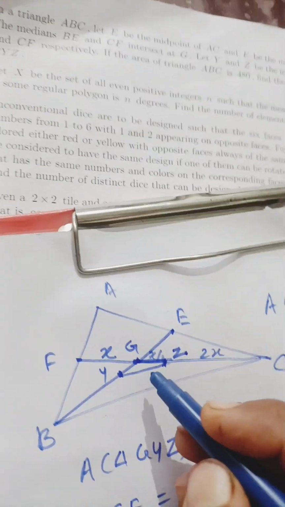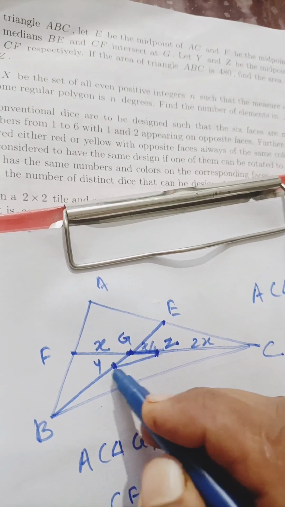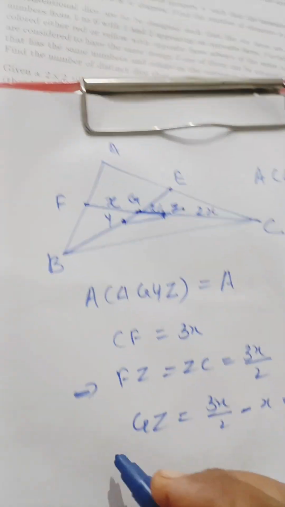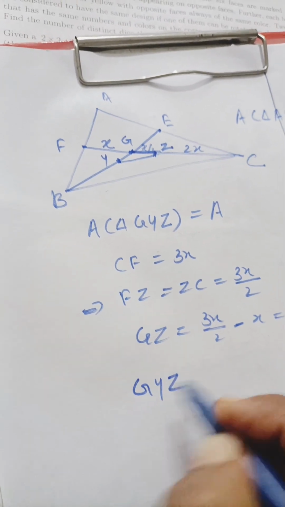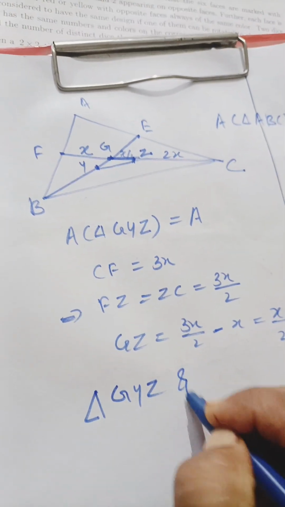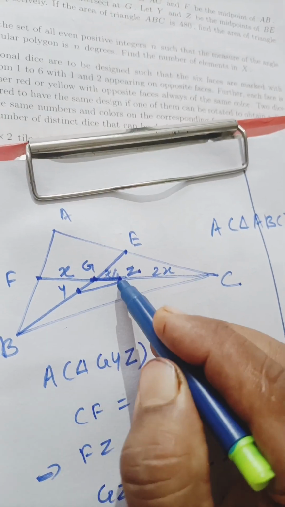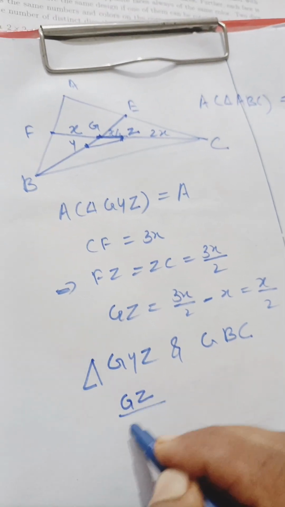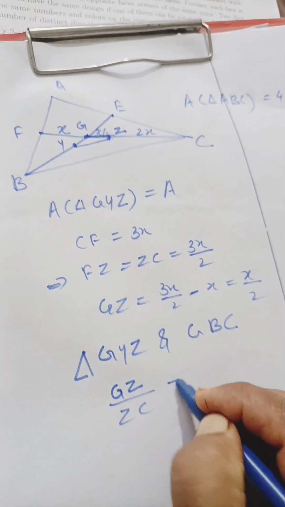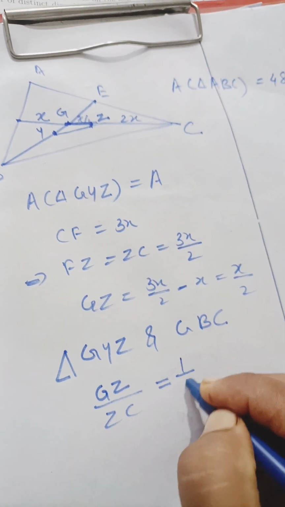Now we will study these two triangles, GYZ and GBC. See now, GZ by ZC, we have just seen their ratio is 1 by 4.